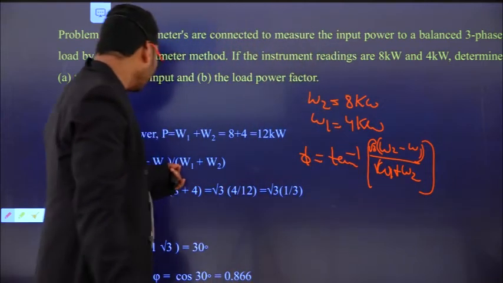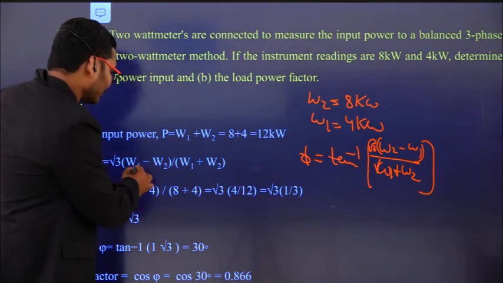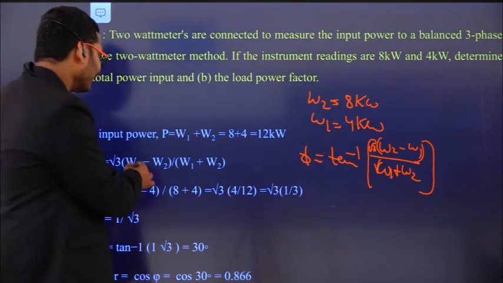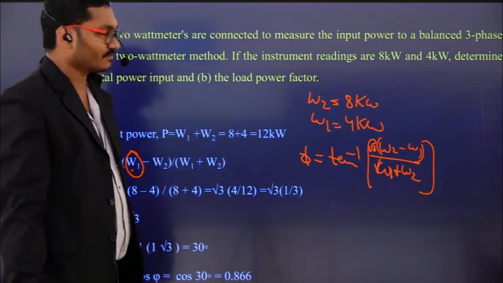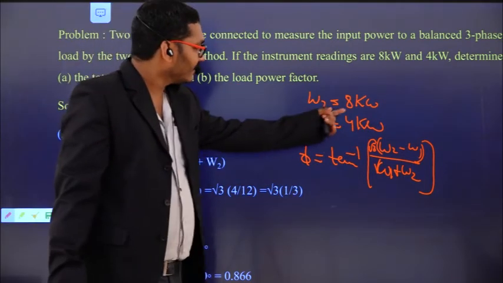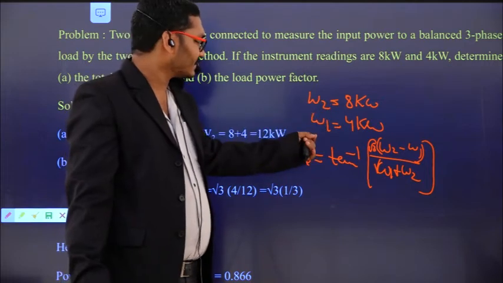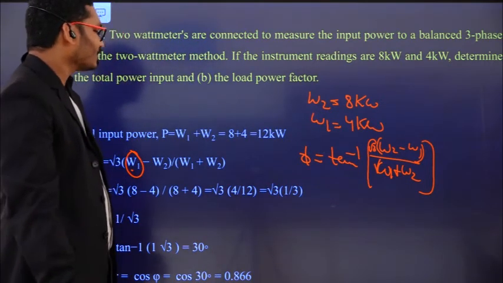Some textbooks may give it as root 3 into W1 minus W2 by W1 plus W2, where W1 is the maximum, 8 kilowatts. But in my case, I will always consider wattmeter 2 as the maximum and wattmeter 1 as the minimum. So W2 equals 8 kilowatts, W1 equals 4 kilowatts.